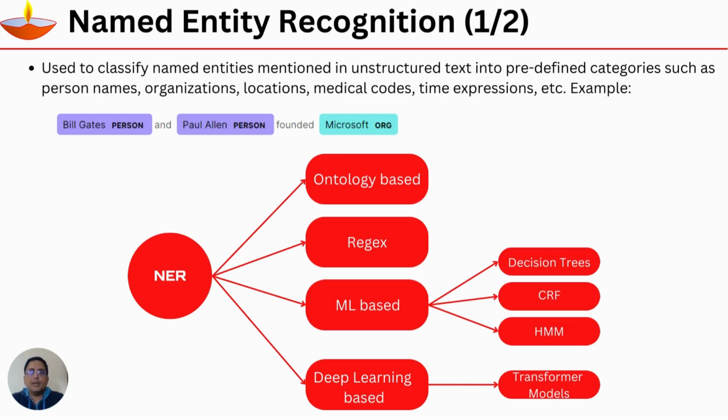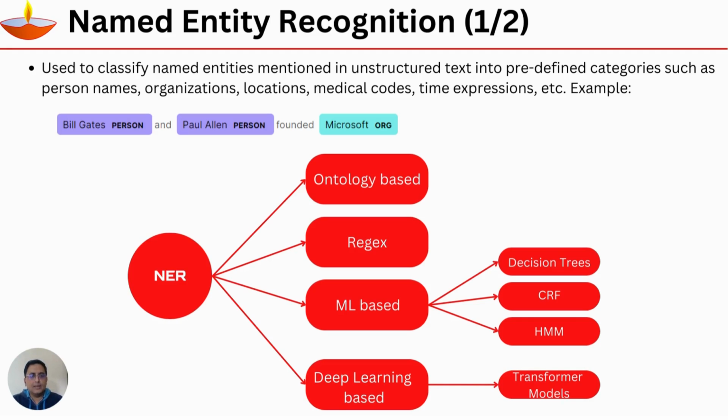So what is named entity recognition? NER is used to classify named entities mentioned in unstructured text into predefined categories, such as the name of a person, organization, location, medical codes, time expressions, and so on. So consider an example: Bill Gates and Paul Allen founded Microsoft.